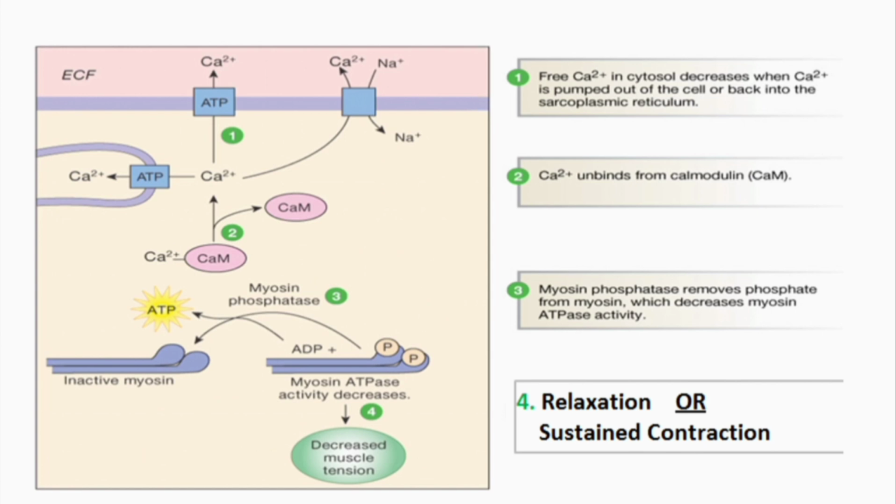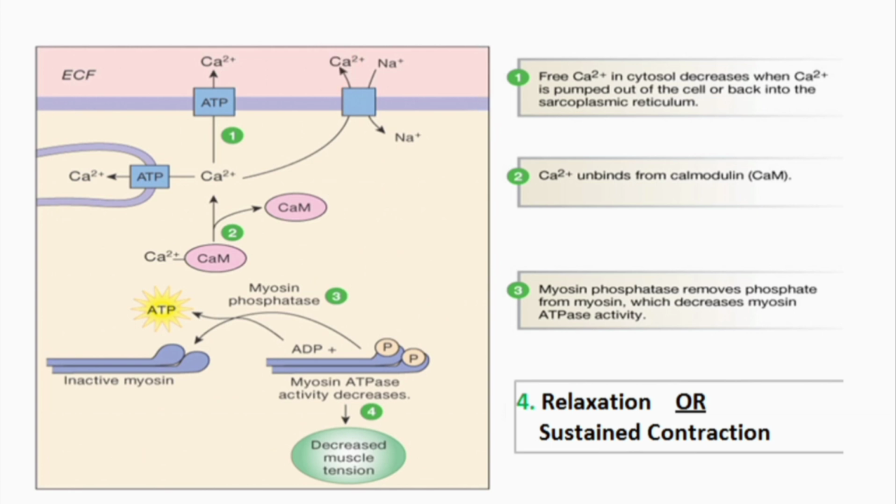Now, for all of these factors, the first step in the relaxation of smooth muscle is a decrease in the cytosolic calcium. The pump which moves calcium from the sarcoplasm into the sarcoplasmic reticulum gets activated, and also the other pump which moves calcium from the cytosol into the extracellular fluid is activated.